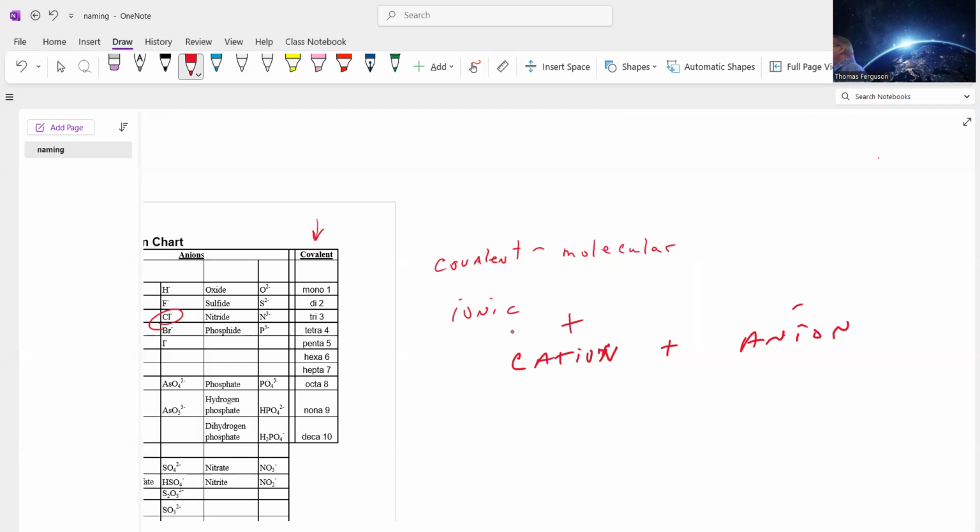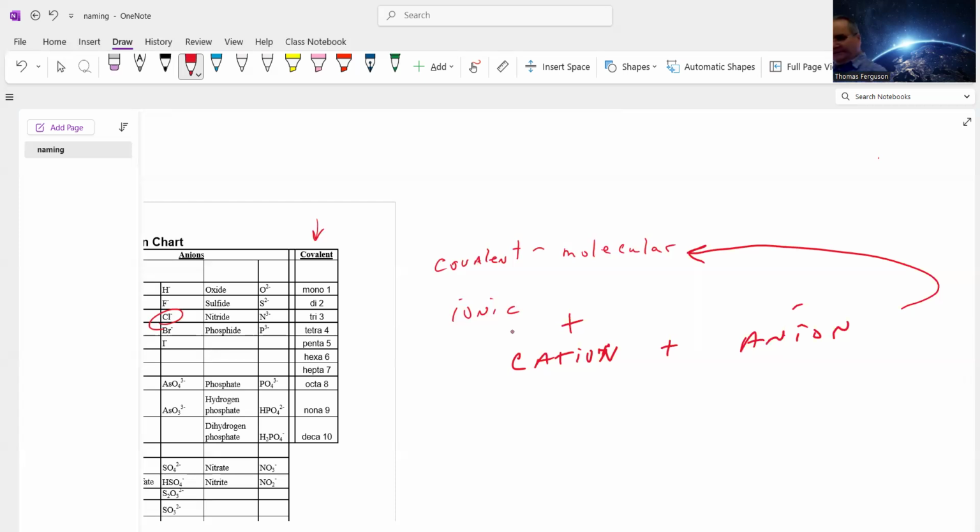Cations are positive, anions are negative. No exceptions. You've got to have one of each. If you don't have one of each, then it's molecular or covalent. And that can be two anions, two cations. But to be ionic, you have to have one of each.